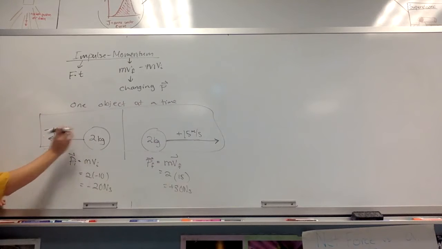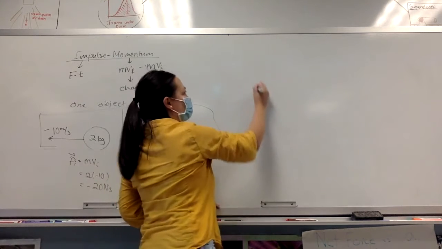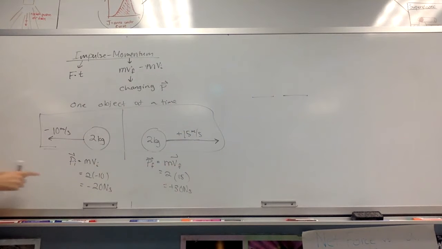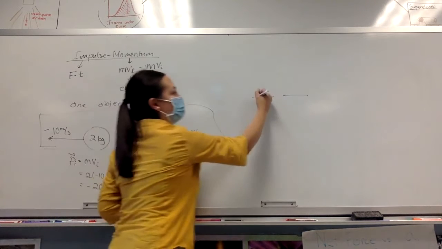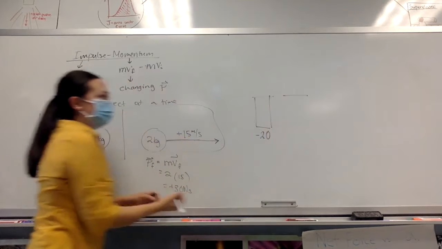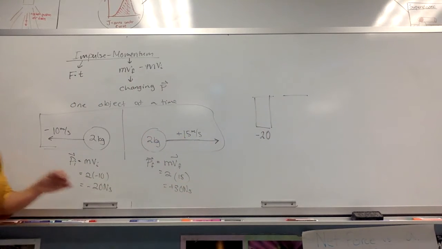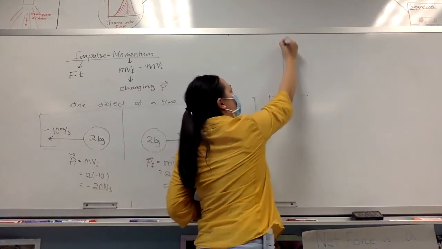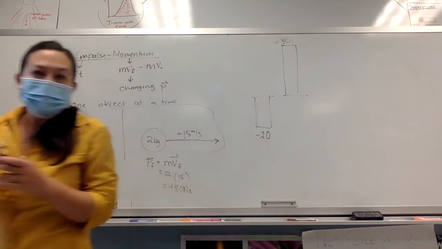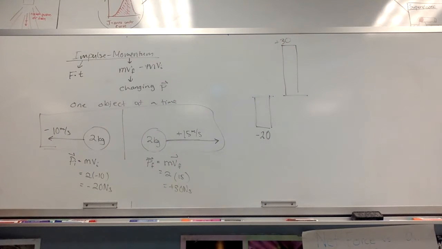It's got the mass and velocity of each object, but I also like to picture it with a momentum bar chart, something that shows the momentum has changed. With a momentum bar chart, this object had negative 20 Newton seconds of momentum to start. And afterwards you hit it and it has gone to positive 30. Since the momentum has changed, it's not conserved.